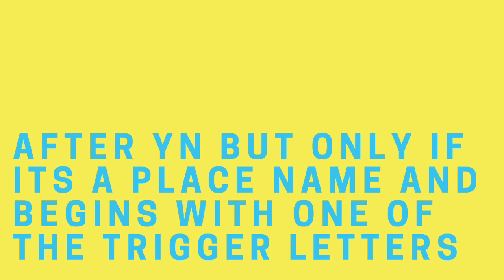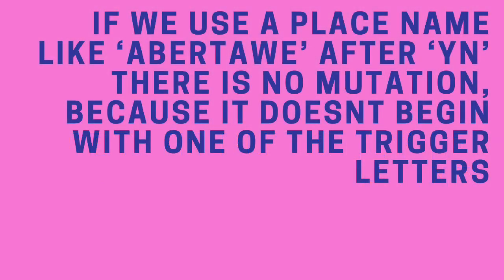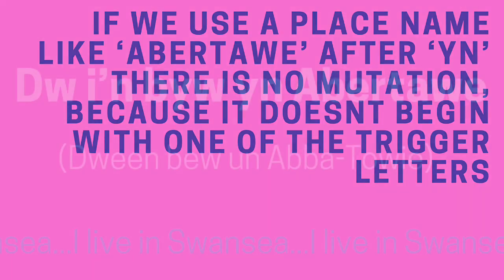So any place name after un that begins with the letters B, C, D, G, L, M, P, R, H, or T. So for example, where I come from originally, Swansea, Abertawe does not begin with a trigger letter, so no nasal mutation.